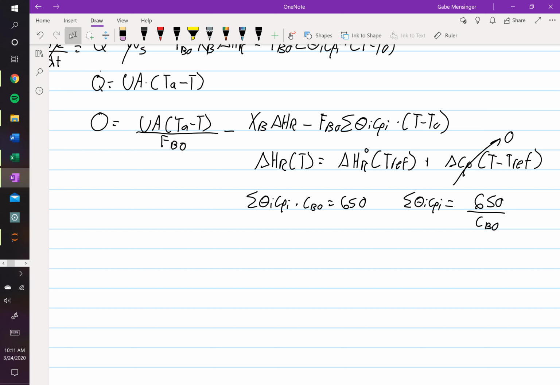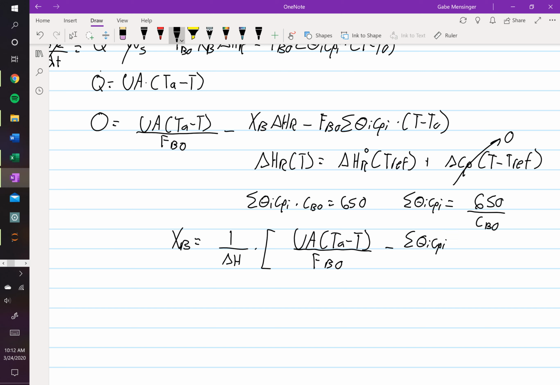So we can actually just go and directly solve this for XB, and we'll get that XB is equal to one over delta H times UA times TA minus T over FB naught, minus theta I CPI times T minus T naught.